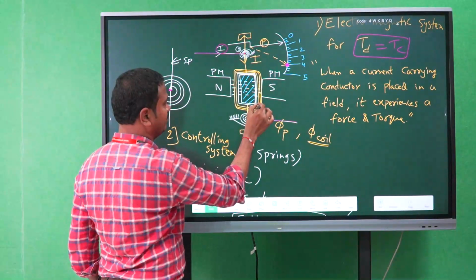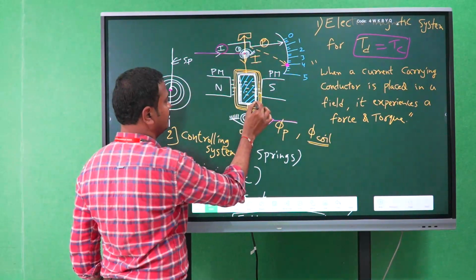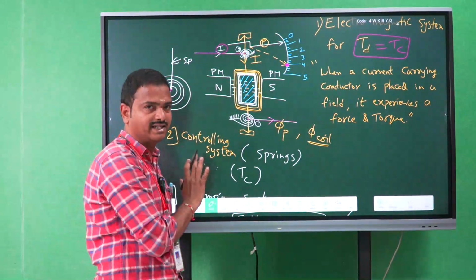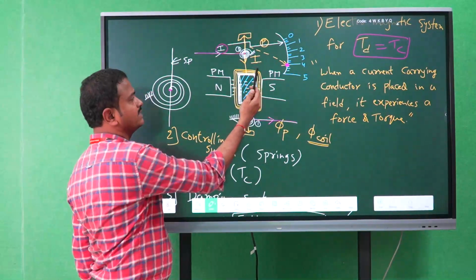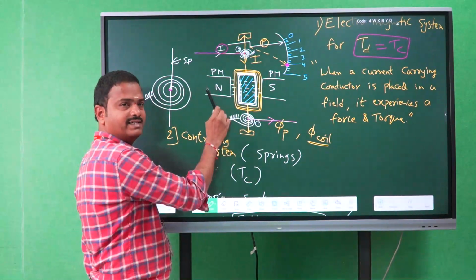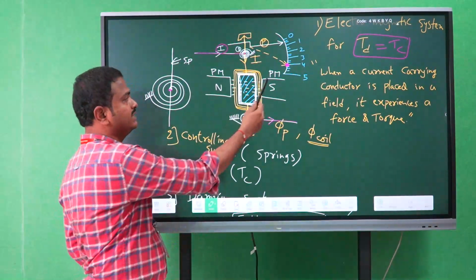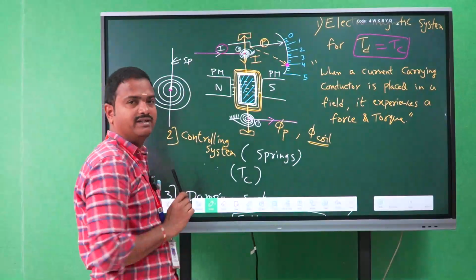This is the aluminum former, okay? So this aluminum former is also placed inside the magnetic field lines, right? So whenever the moving system is moving or rotating inside the instrument, the aluminum former attached to the spindle also moves inside the instrument, right?